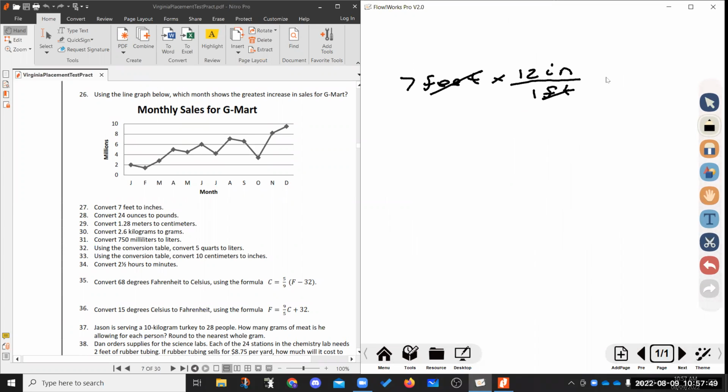So we're going to have to take 7 times 12 and make that 84. When we go in between systems, though, we're going to be given the conversion factor or be asked to use a table. So I'll pull that up here in just a second.